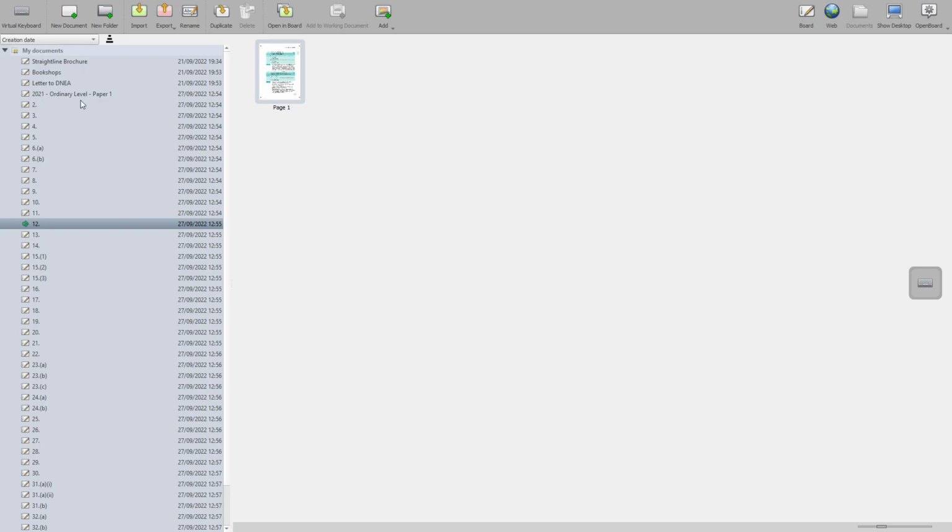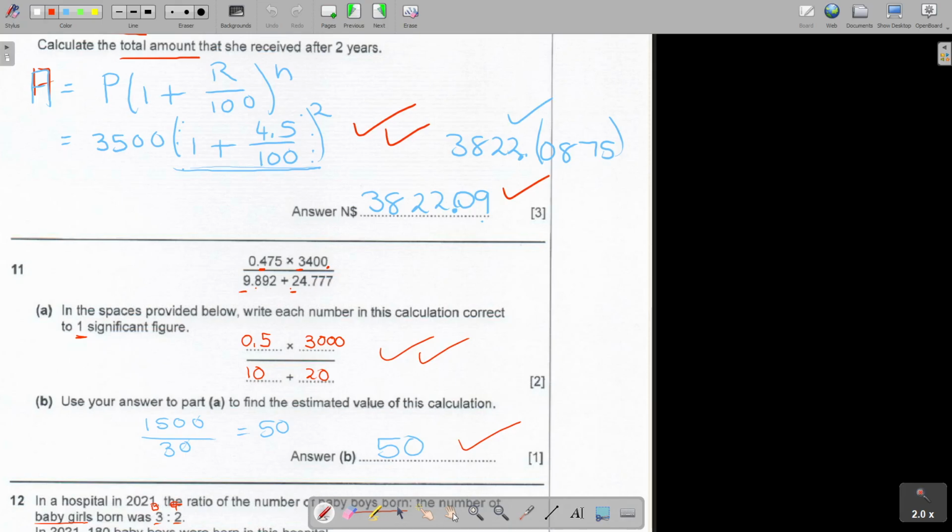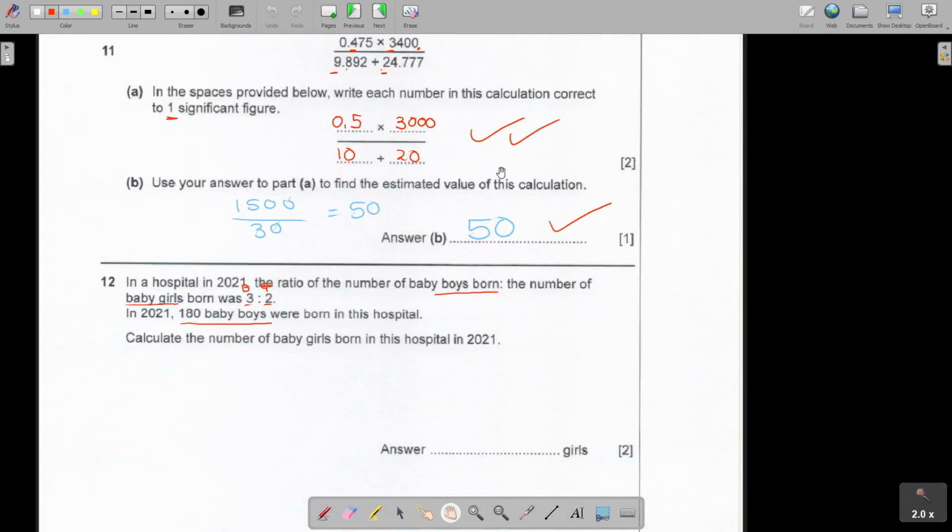Let's go back to the question paper and let's do it. Okay. So we can just make sure it is now 3:2, and the one they mentioned first, boys. So boys is 3, girls is 2. There were 180 boys. Okay, so 180 divided by 3. With what did they multiply? They multiply with 60.